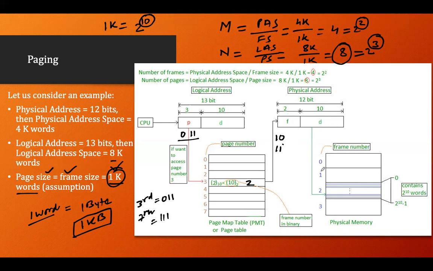Because we require a maximum of 2 bits to allocate 4 frames, right? And we require 3 bits to locate 8 pages. So that's why here it is 3 and here it is 2. I think you understand most of the things here in paging.